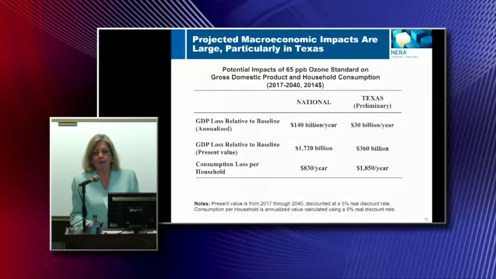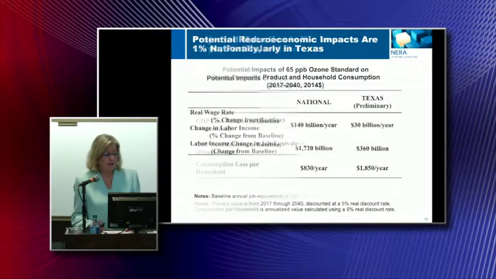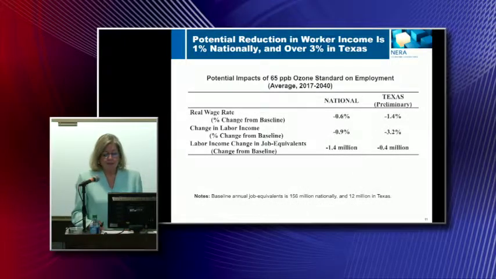So it shouldn't be too surprising that the percentage impacts are projected to be larger than what we saw historically in that analysis, but they aren't out of line with what was seen historically. However, these are economy-wide and not sector-specific at this point. I'll show you some more details on that.